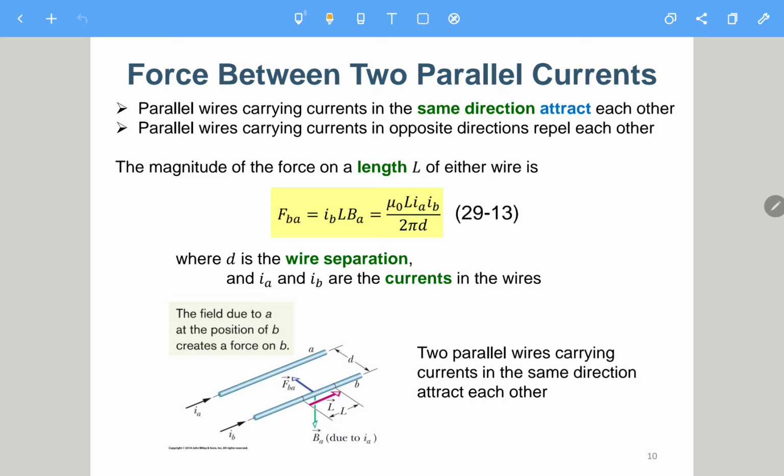You can see here, D is the separation, and L is the length on which we consider the force. So maybe we consider only this part, the force on this segment, and then IA IB. So for this case, you can simply imagine.